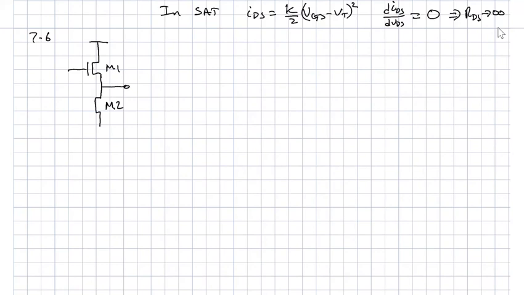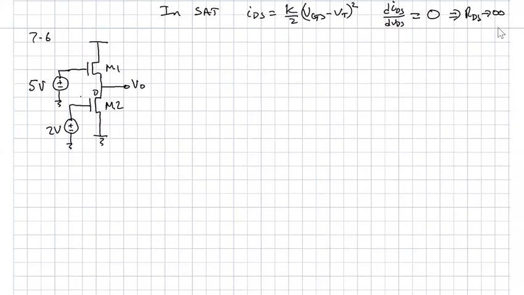So we've got 2 of these transistors stacked up. We've got some output voltage, and we've got a 5-volt supply connected to the gate of M1. And we've got a 2-volt supply connected to the gate of M2.